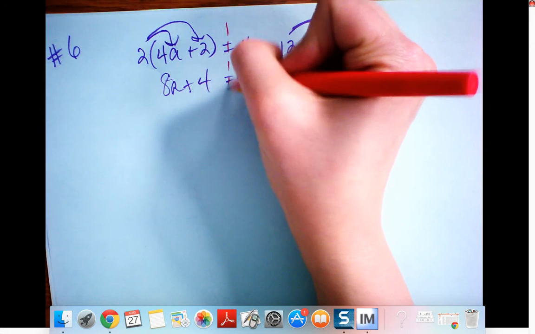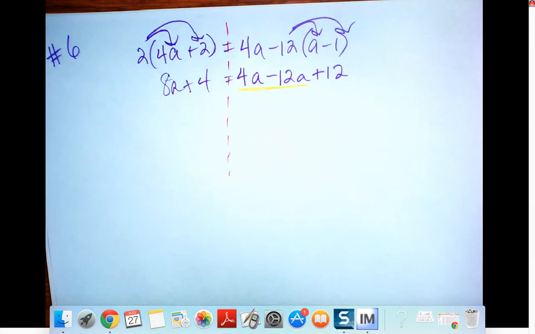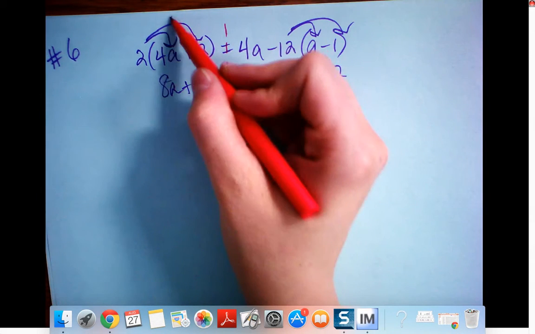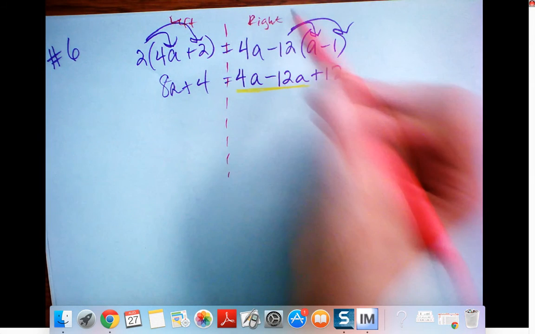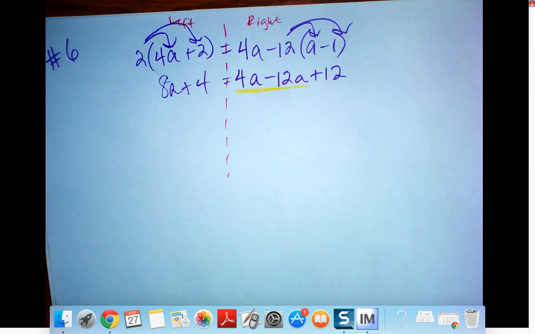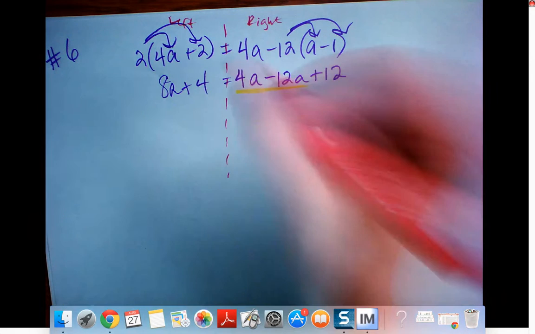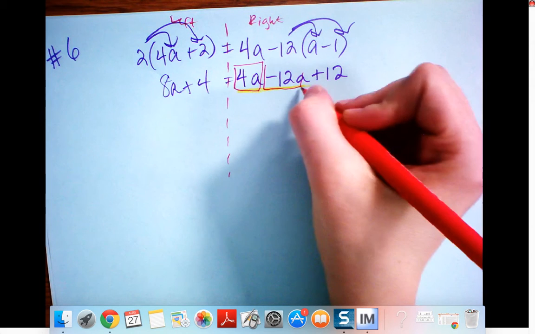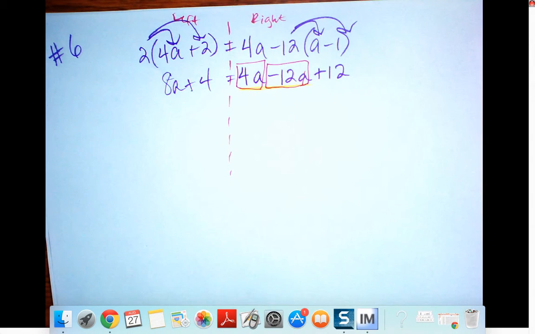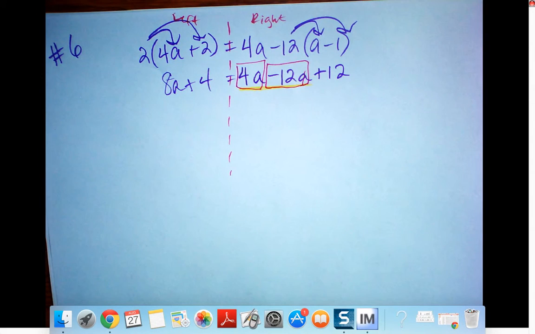If you draw this down the middle, that creates your left side and your right side. Okay? So the 4a and the negative 12a are on the same side together. That means we're just going to do the operation that's in between them. So 4a minus 12a is negative 8a.